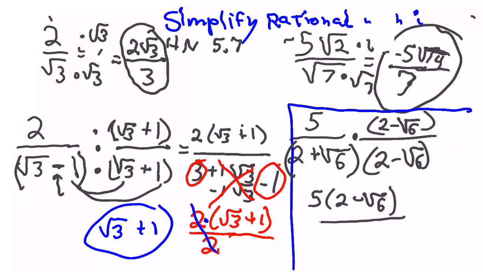And on the bottom, the denominator, FOIL that together, if you remember your Algebra 1 from early on in this class. 2 times 2 is 4. 2 times negative square root of 6. 2 times positive square root of 6.